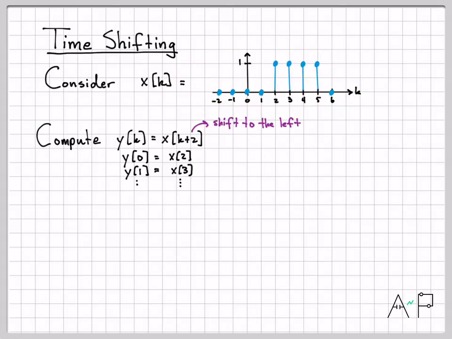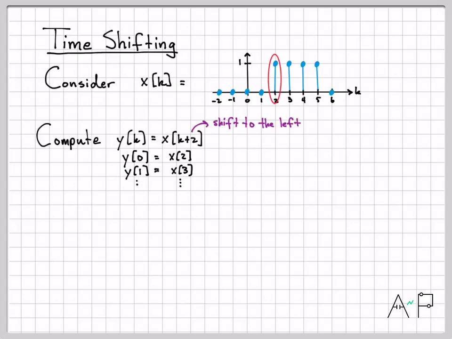That's pretty easy to see, and the easiest way to see that is by picking particular values of k and seeing what happens with this equation. For instance, when k is 0, then I have y of 0, and on the right side of this equation, 0 plus 2 is 2, so I have x of 2. This means when I finally plot my signal, y at time 0 will be equal to x at time 2.